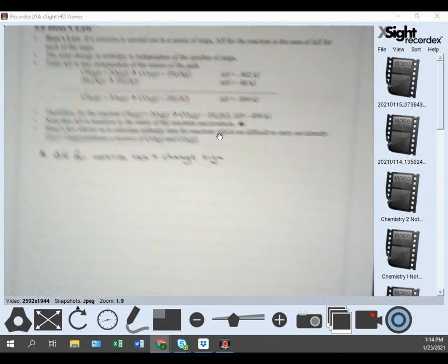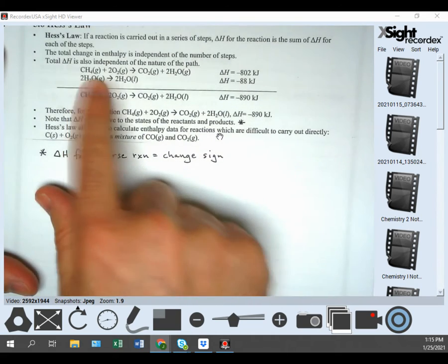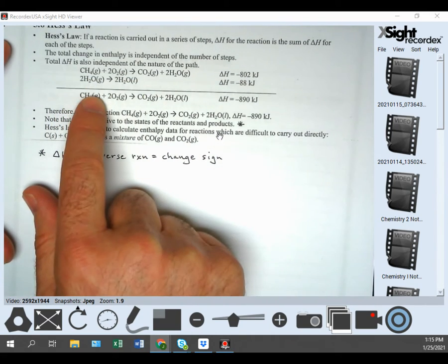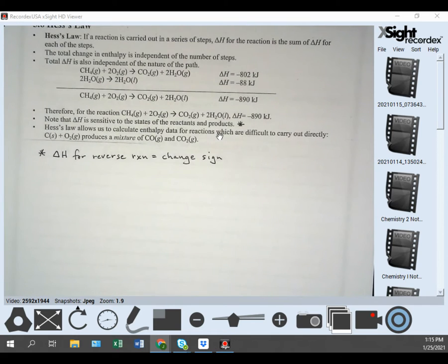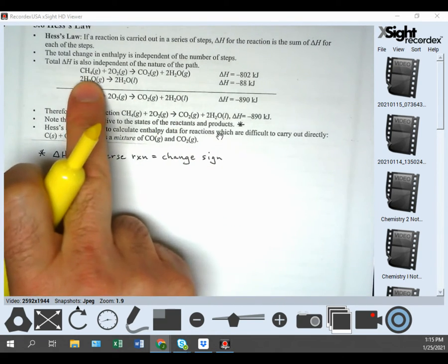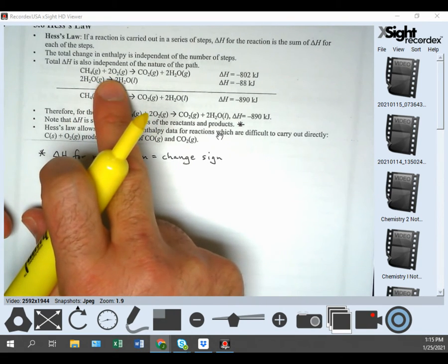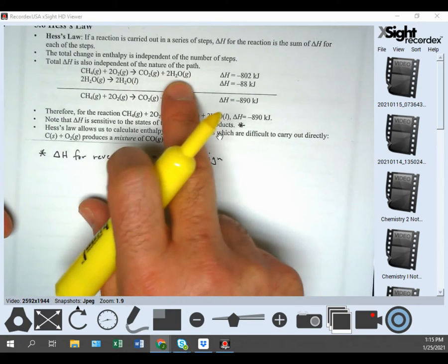All right, so what we have here is two equations. We've got reactants and products. We've got methane, CH4, and oxygen gas reacting to form carbon dioxide and water.